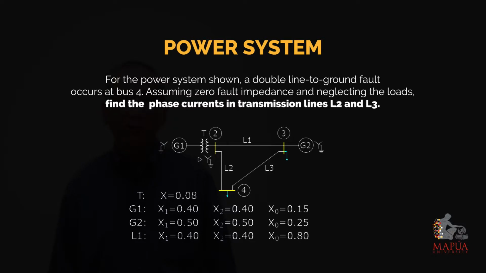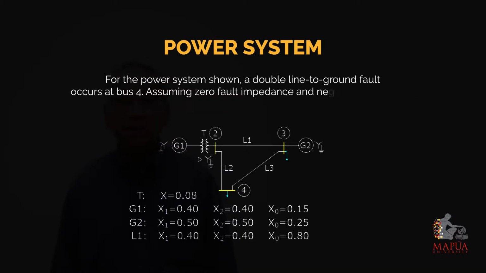For generator G2, the positive, negative, and zero sequence reactances are given as 0.5, 0.5, and 0.25 respectively.